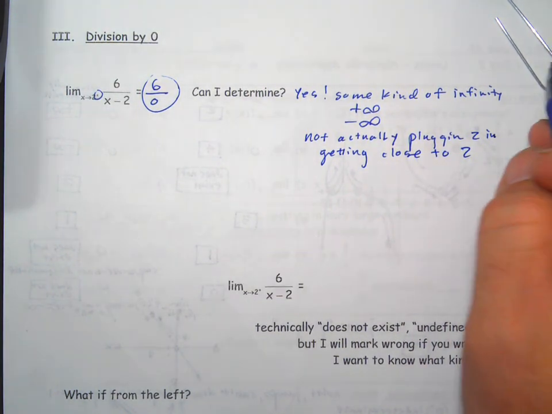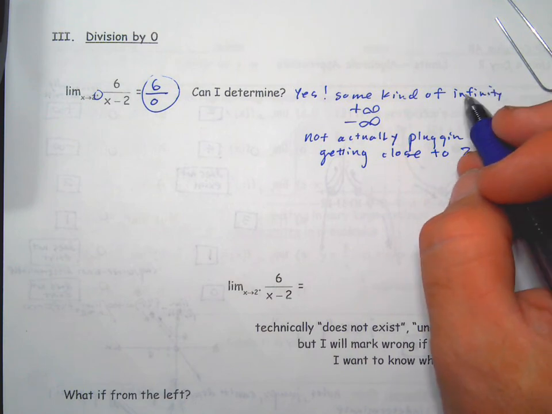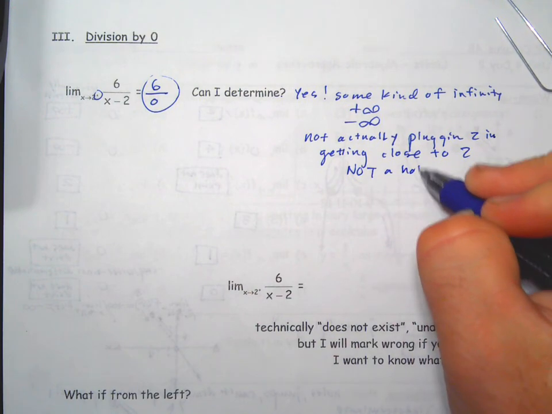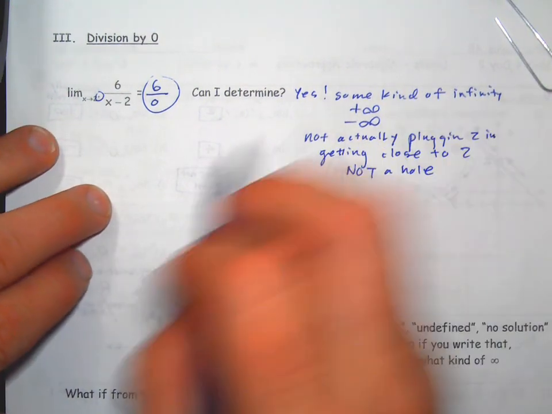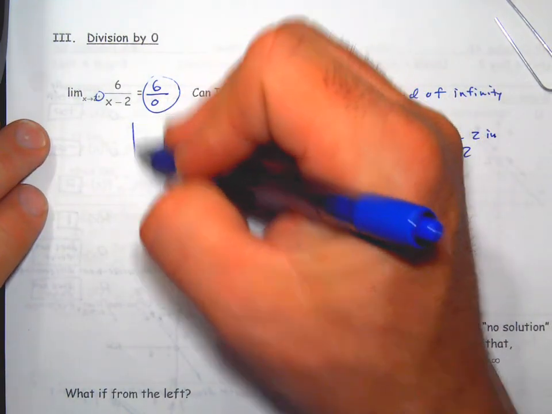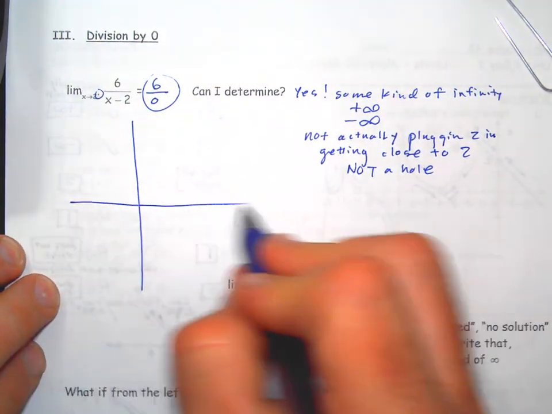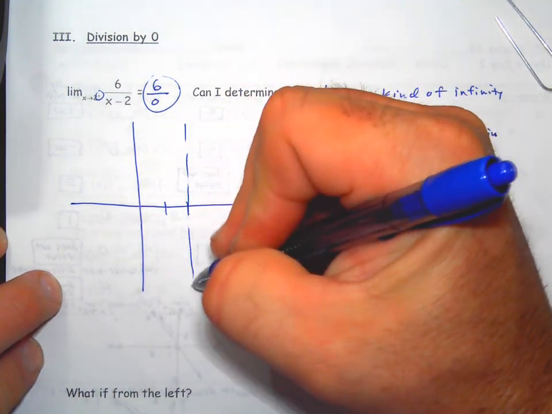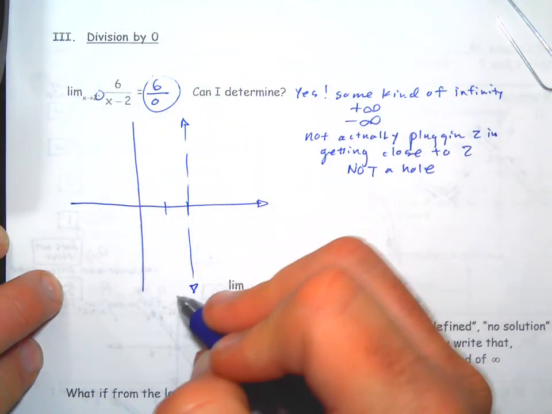Getting close to 2 from the right side, okay? And this isn't a hole. This is not a hole, okay? So let's do a graph real quick of what this function looks like. This is a pretty simple rational function. It has a vertical asymptote, not a hole, at x equals 2.